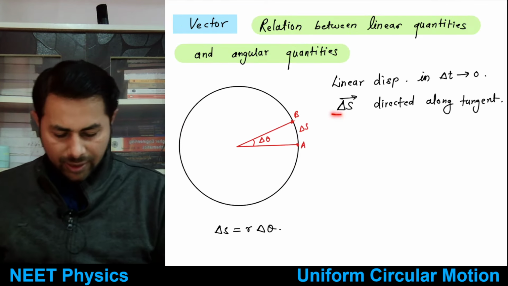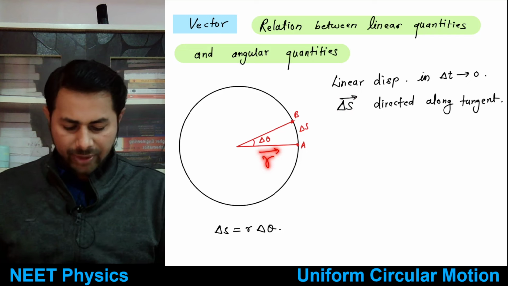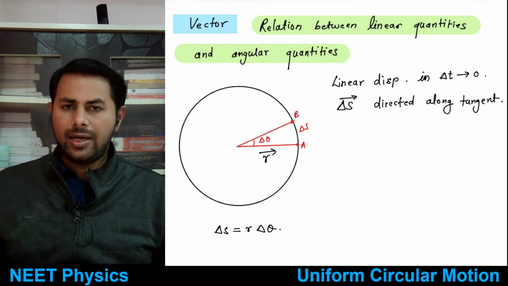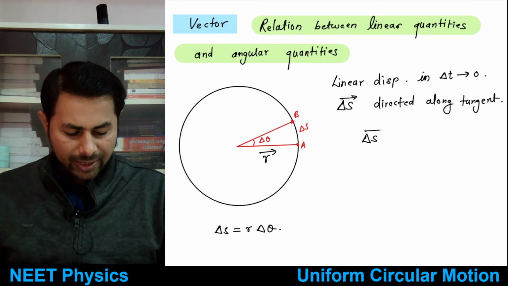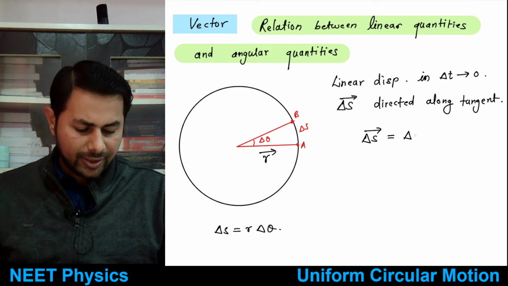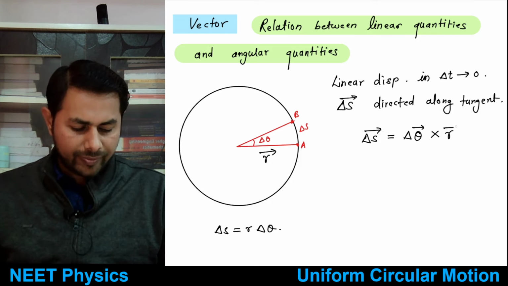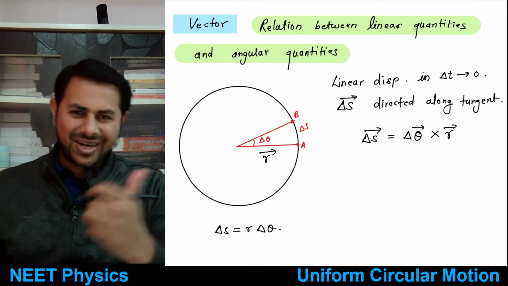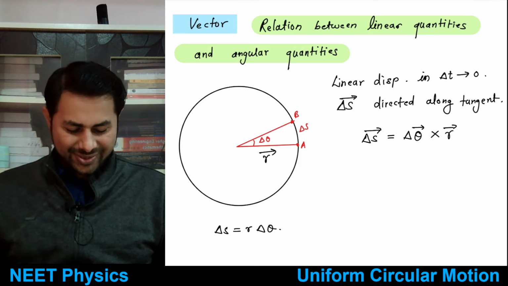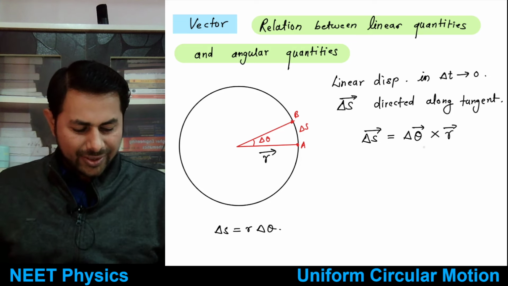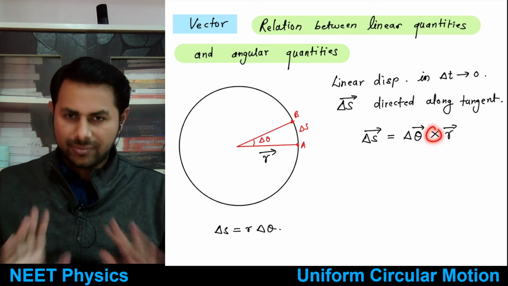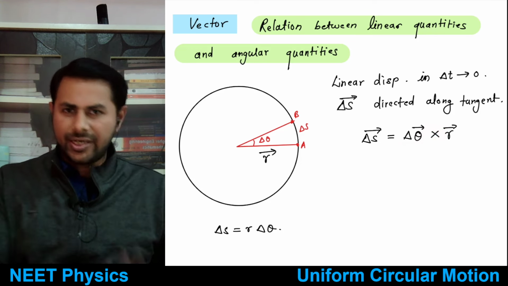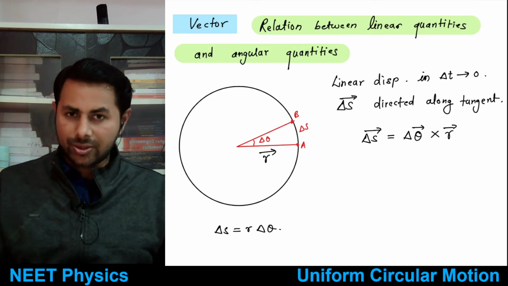So now what's the relation between this delta s bar, which is a vector quantity, r bar at this point, which is a vector quantity, and delta theta bar, which is also a vector quantity? The relation between them is delta s bar is equal to delta theta bar cross r bar. You can check this using the right hand thumb rule. We haven't seen the cross product of vectors till now, but I'm just stating the relations because we are talking about circular motion.